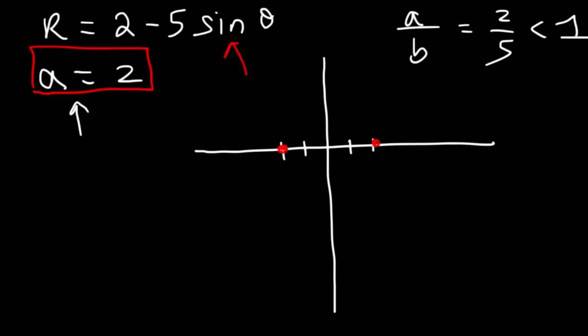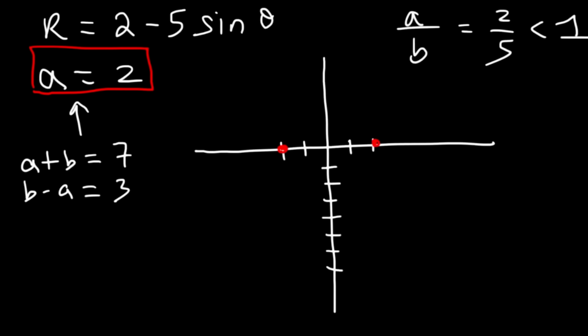If we're dealing with cosine, then a would be associated with the y-intercepts, but because we're dealing with sine, the roles are reversed. Now, a plus b is 2 plus 5, that's 7. And b minus a, 5 minus 2, is 3. So we're going to travel 3 units down and also 7 units. So we're going to have 2 y-intercepts.